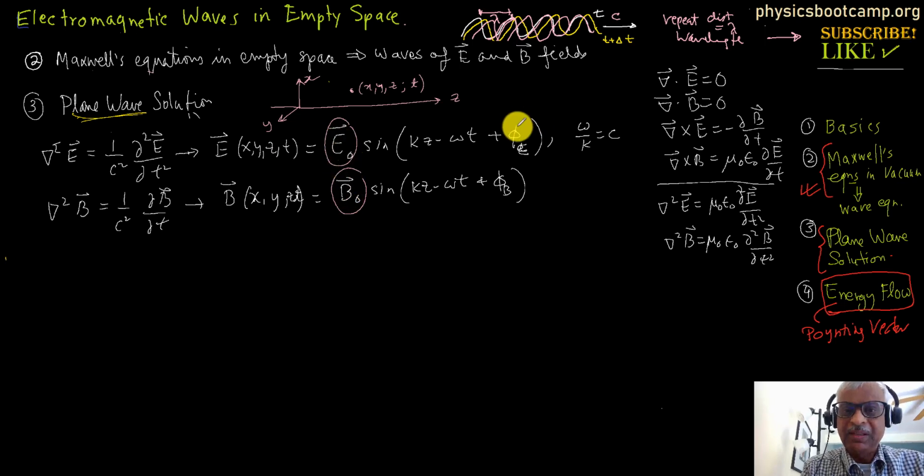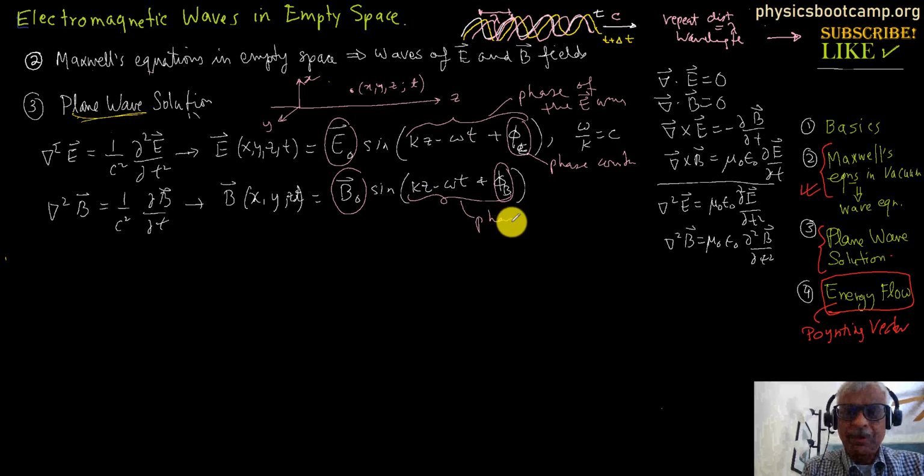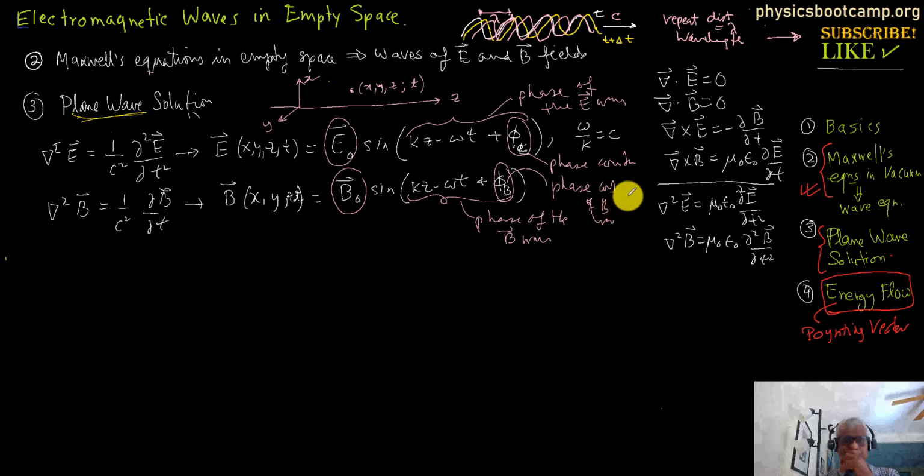You have a vector for this, and then the constants are called phase constants, and this entire thing is called the phase of the E wave, and this will be the phase of the B wave, and this will be called the phase constant of the B wave.